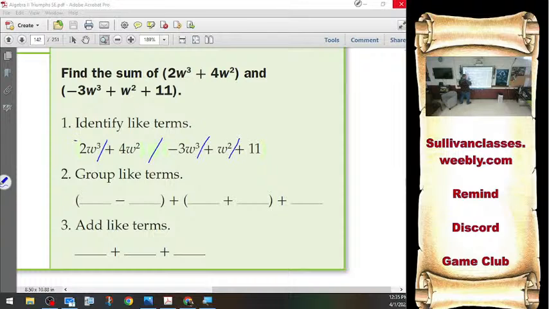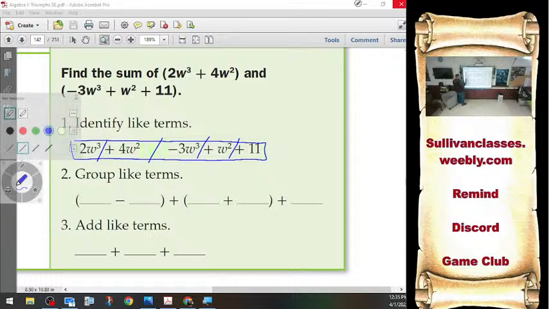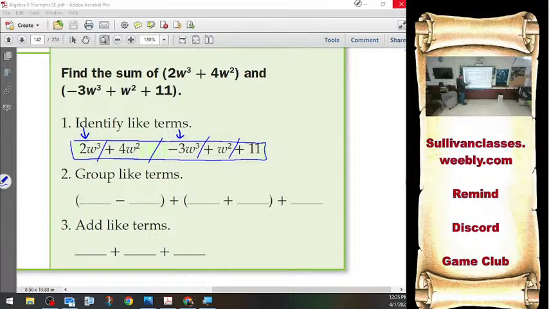Every time there's a plus or a minus, I chop it up, and I look in those boxes and I say, are there any other W cubeds? Yes. Where? Negative 3W cubed. So those two go together. 2W cubed minus 3W cubed.